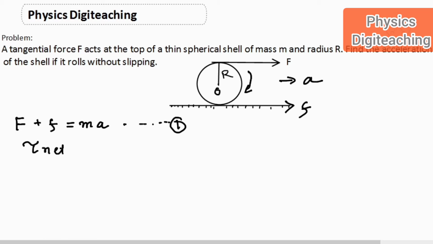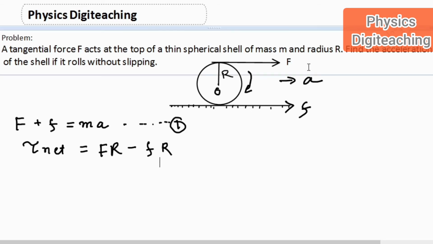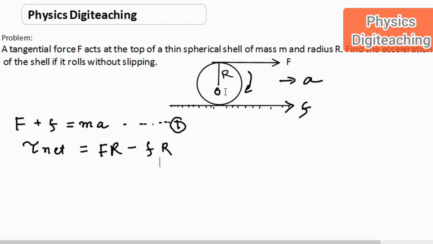Net torque equals F into R minus small f into R. Here this force F gives the clockwise moment F into R, so we take this positive, and the torque, that is the moment of force small f into R, tends to rotate the sphere in anti-clockwise direction, therefore we take it minus fR.